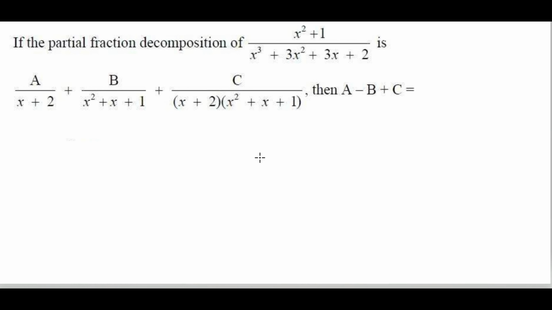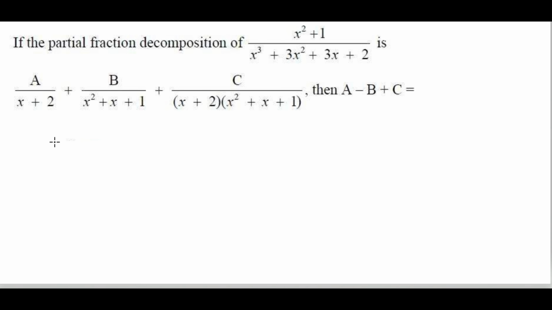If the partial fraction decomposition of x square plus 1 by x cube plus 3x square plus 3x plus 2 is a by x plus 2 plus b by x square plus x plus 1 plus c by x plus 2 into x square plus x plus 1, then find the value of a minus b plus c.